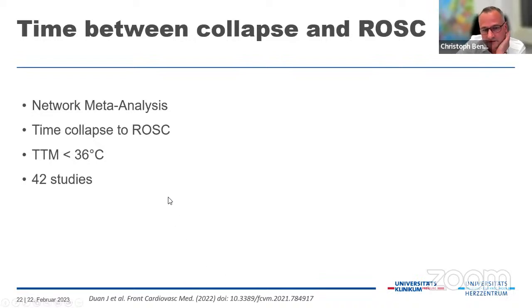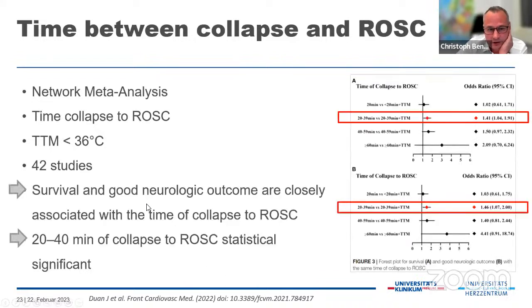A next study was a network meta-analysis with more than 42 studies. They looked at the time from collapse to ROSC, and the survival and good neurological outcome are closely associated with the time of collapse to return of spontaneous circulation. In the group with 20 to 40 minutes of collapse to ROSC, it was statistically significantly better in the hypothermia group.